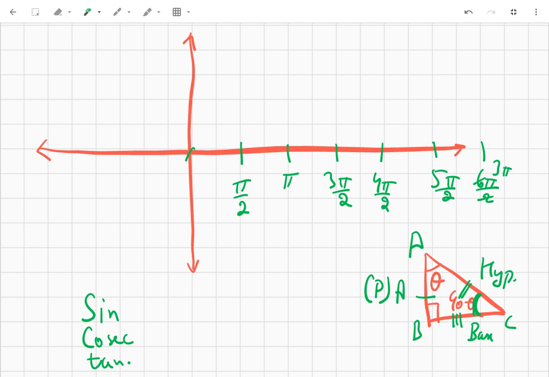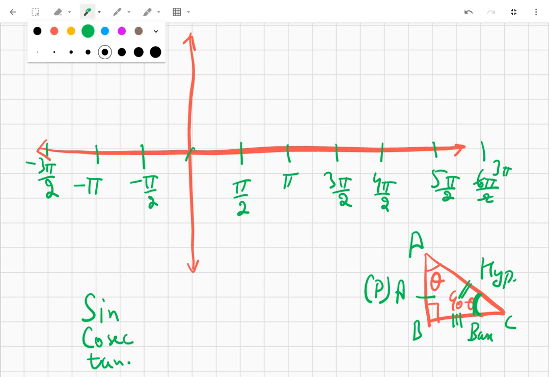If you have a hard time understanding this, learn it this way. And this side, again, same thing, negative pi over 2, negative pi, negative 3 pi over 2. Now sine function is basically this function.